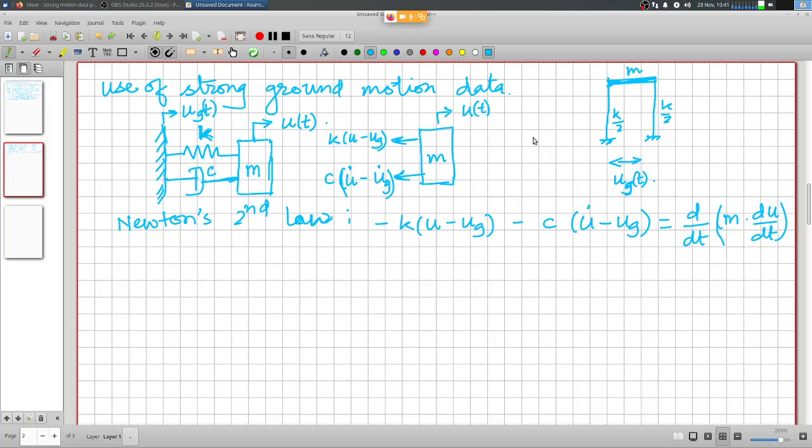So du by dt is the velocity of the mass m, and this is the rate of change of momentum of the mass. So I can again work it out by the chain rule of differentiation. Right. So this is what is happening.